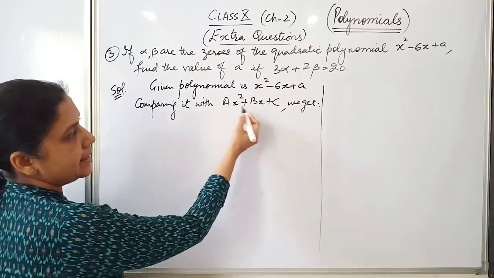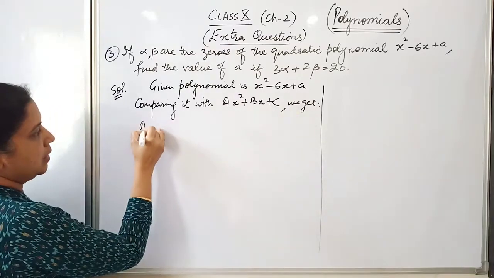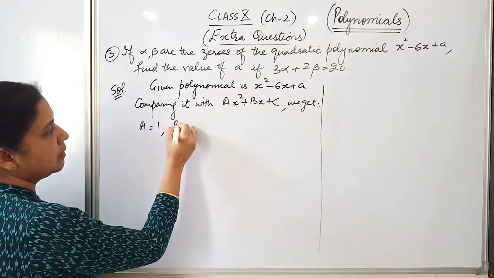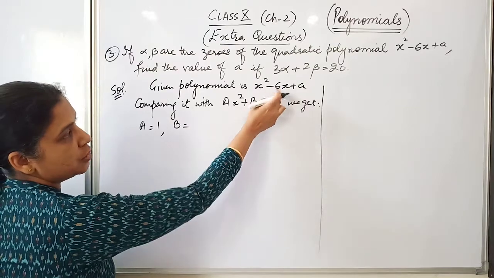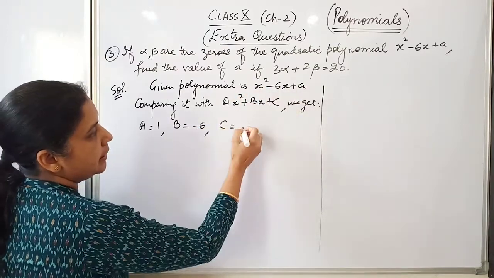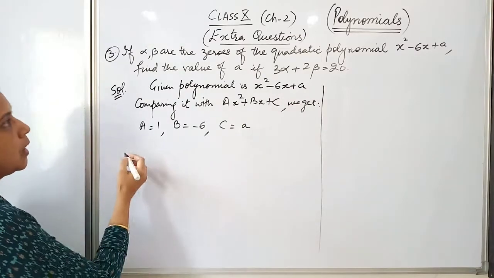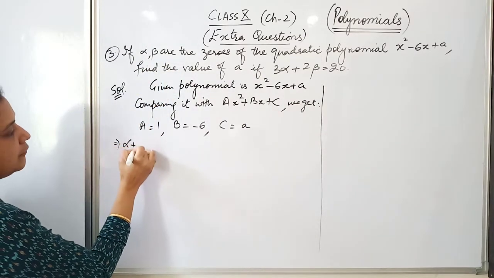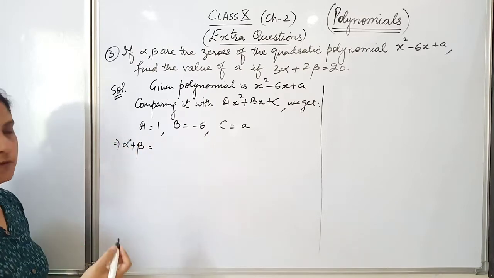Comparing it with A x square plus B x plus C, we get the value of A, the coefficient of x square, will be 1, the value of B, the coefficient of x, will be minus 6, and the constant term is small a.